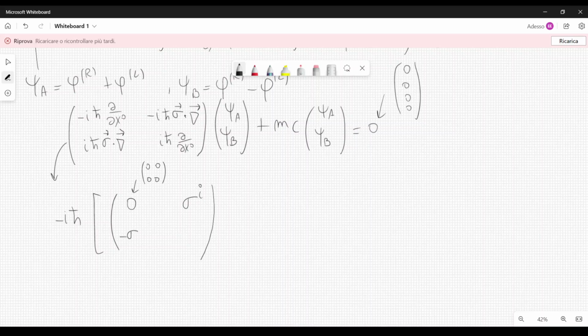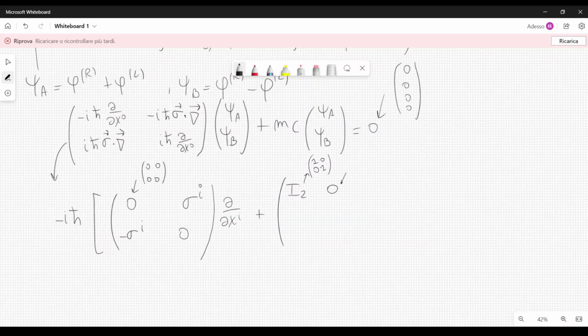Then we have minus sigma_i, 0, a 2 by 2 zero matrix, d over dx_i, plus, and here we have I_2, so this is the identity matrix, a 2 by 2 identity matrix.